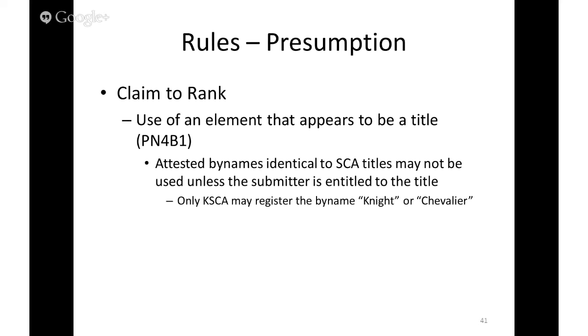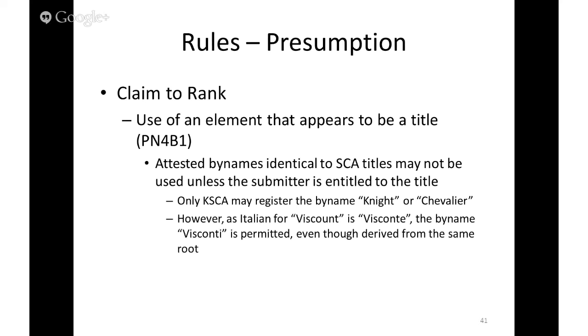So, for example, we have evidence of knight and chevalier as period names in English and in French. But only someone who's been knighted in the SCA is allowed to use those name elements. So even though John Knight is a perfectly registrable name, you cannot register John Knight unless you have been knighted. However, it's only those exact forms.